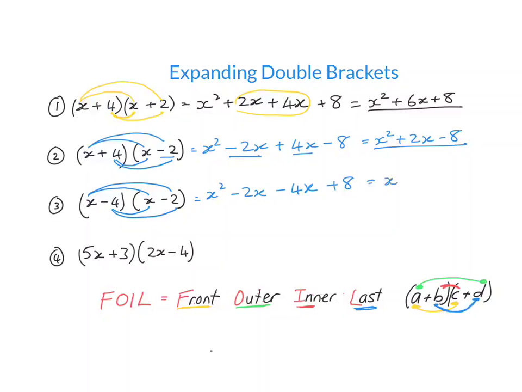So this brings me to x squared minus, I've got a minus 2x and a minus 4x, so altogether I'm taking away 6x plus 8.